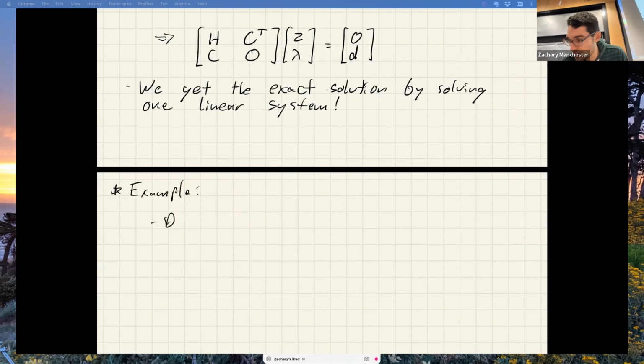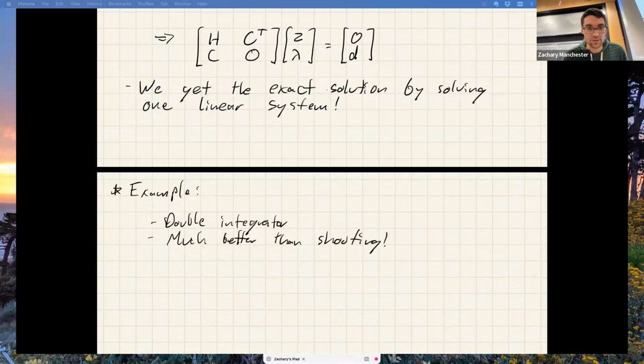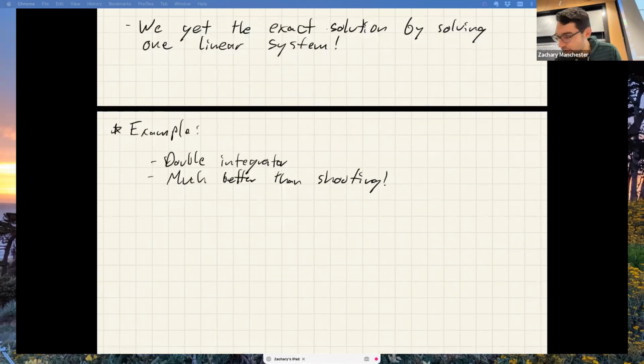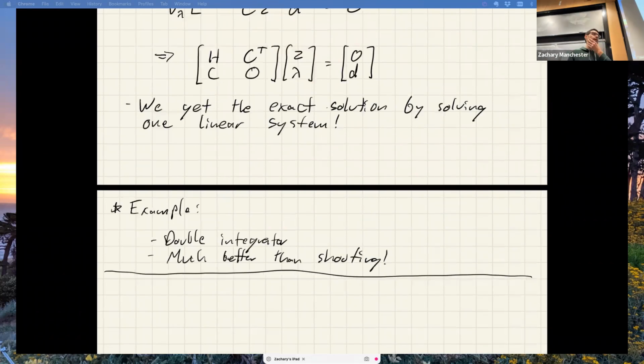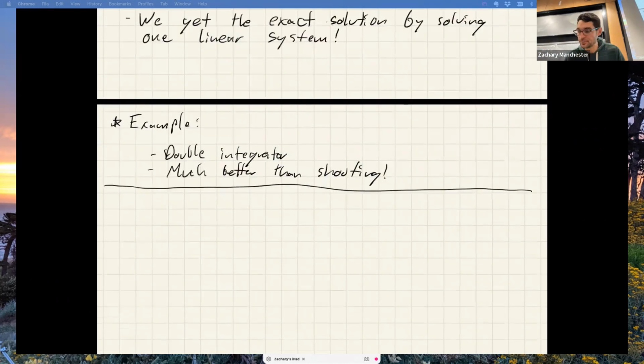We did the double integrator again. Okay, so now to get at that question, we're going to dig a lot deeper into the QP. Specifically, we're going to take a much, much closer look at the KKT system.